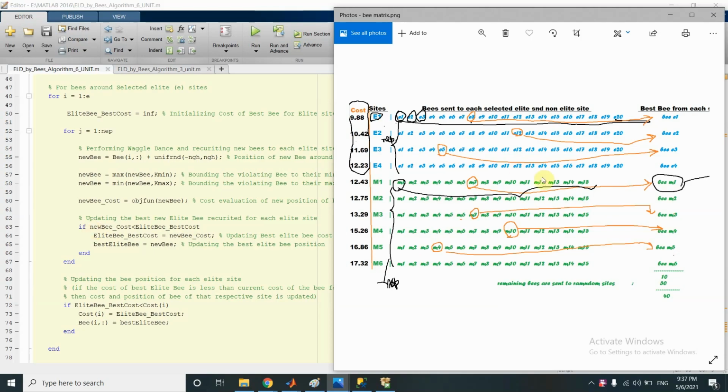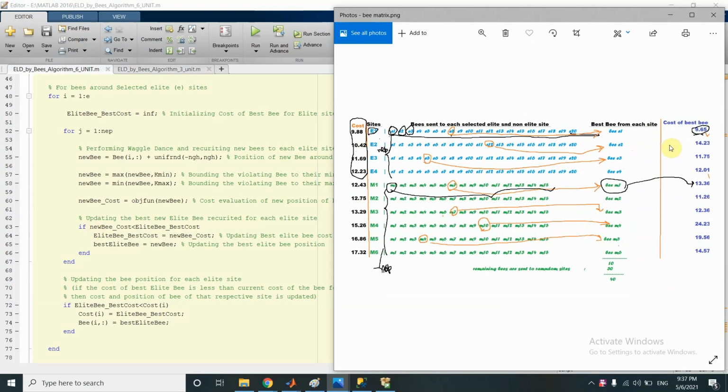So now we will check whether the cost value acquired by the best new bee is better than the cost value that the elite site bee previously had. If it is better, then we will update. If it is not better, then we will not update.